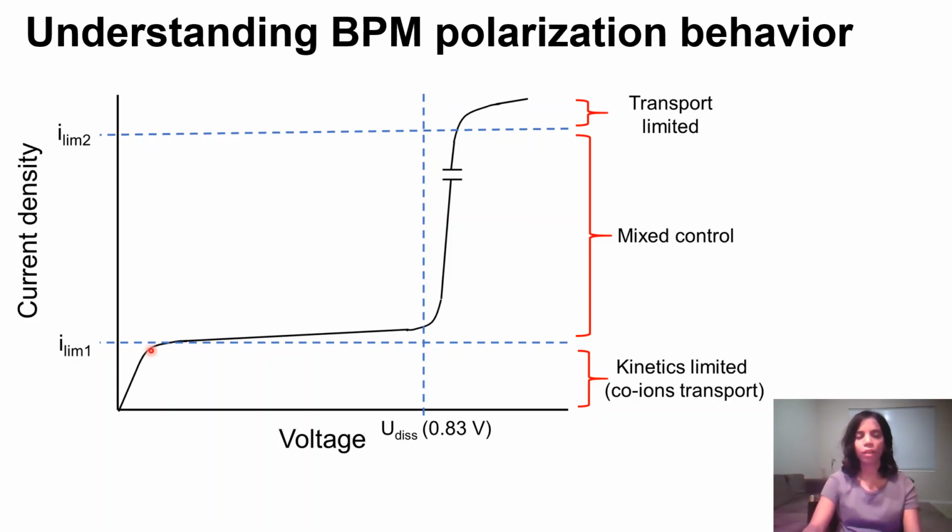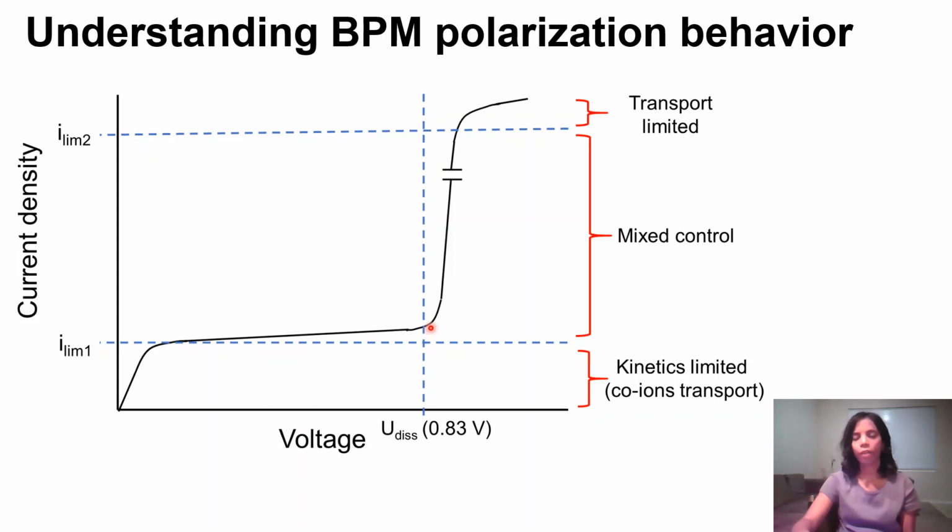This process continues until the limiting current density or I lim 1 is reached, and at that point the current density flatlines, and it continues until the voltage of 0.83 volts, which is the dissociation potential for water.